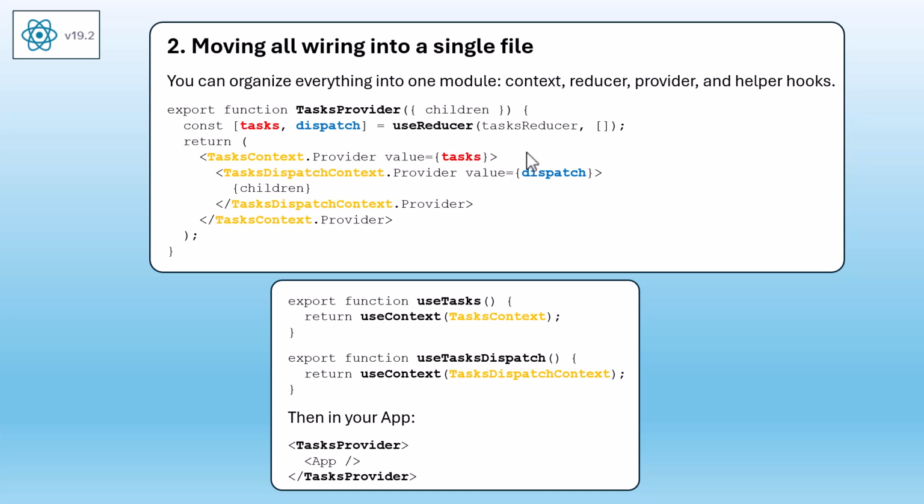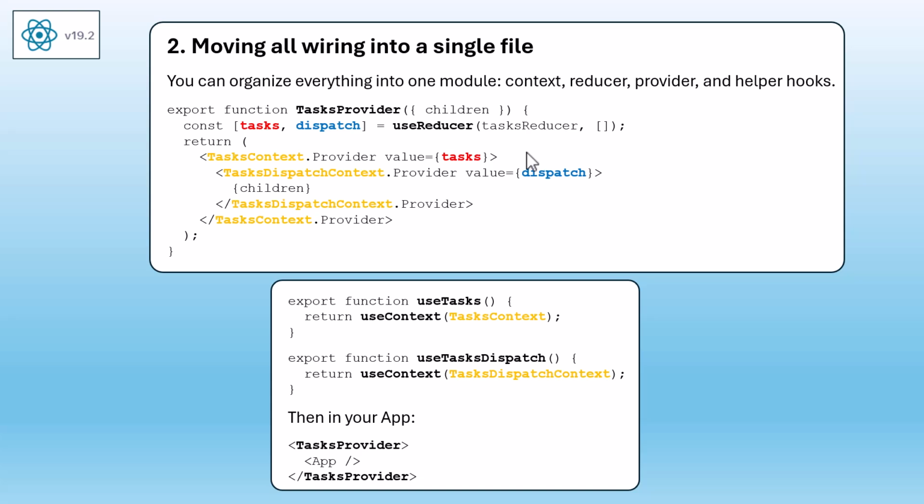2. Moving all wiring into a single file. Once the pattern of reducer plus context is working, a further step toward cleanliness is to move both the reducer logic and the context definitions into a single dedicated module. This module can export a provider component that encapsulates the reducer invocation and context providers, accepting children and wrapping them appropriately.